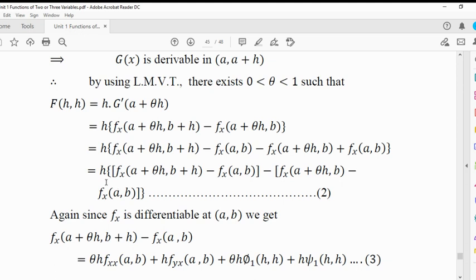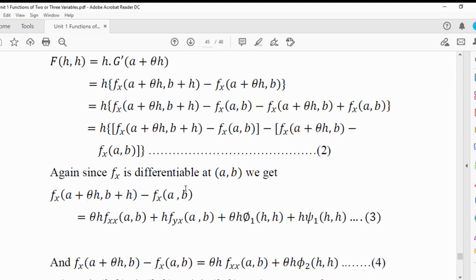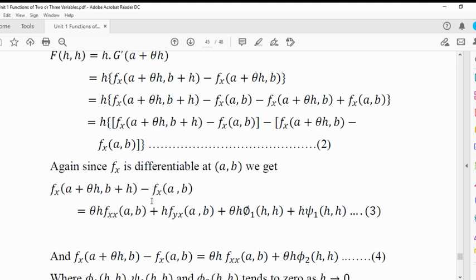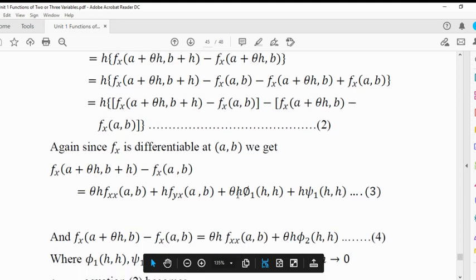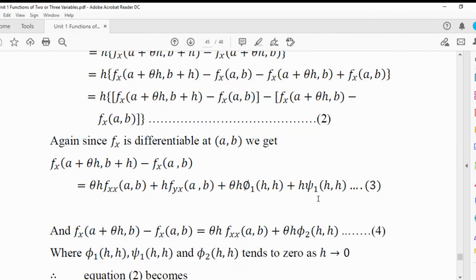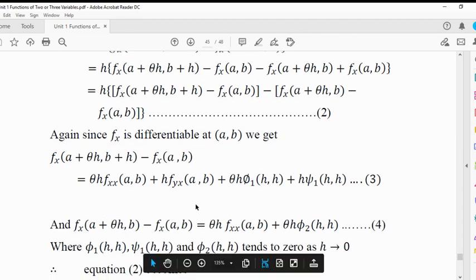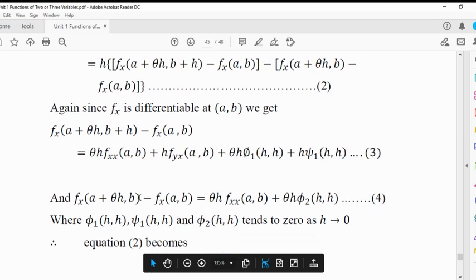Now consider these two brackets: in the first bracket these two terms, in the second bracket these two terms. Since fx is a differentiable function, the increment fx of (a plus theta h, b plus h) minus fx(a, b) can be written as theta h fxx(a, b) plus h fyx(a, b) plus theta h phi 1 of (h, h) plus h psi 1 of (h, h), where phi 1 and psi 1 are functions tending to 0 as (h, k) tends to 0.